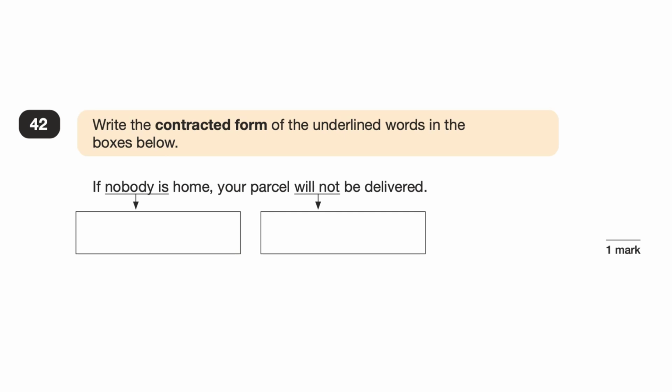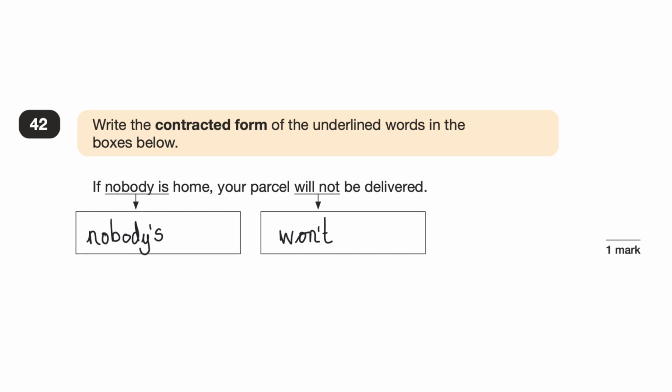You would say nobody's home. So how is that contracted? Well, we're going to lose the I of is and just contract from there. So again, we're going to print. Again, my writing goes all over the place. Now we're printing. We've got nobody's home and your parcel won't be delivered.